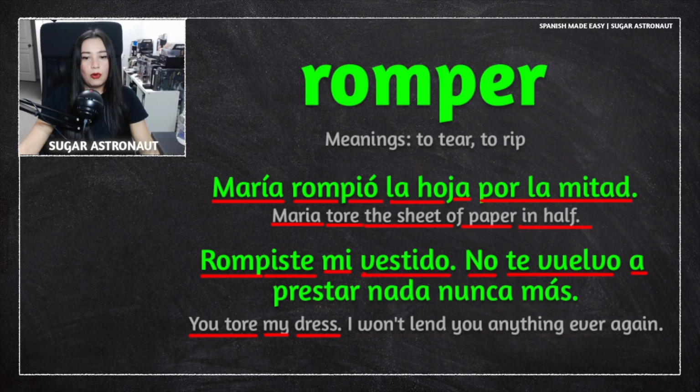a. Volver a is a very interesting phrase that means to go back, or to, in this situation, when you say no te vuelvo, te is a pronoun, reflexive pronoun, by the way. It's similar to se, but te is different. You're talking about you to a person, you. So te in this situation means you, okay?